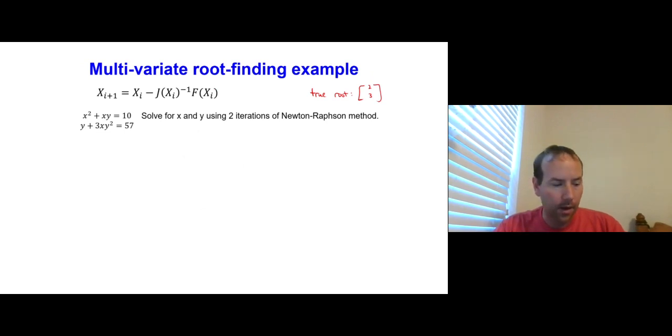Okay, so let's now do an example where we solve for the solution of these two equations, even though they're multivariate. I've got a few things at the top to keep track of. One is the overall equation for the Newton-Raphson method. Also, let's put down the initial points.